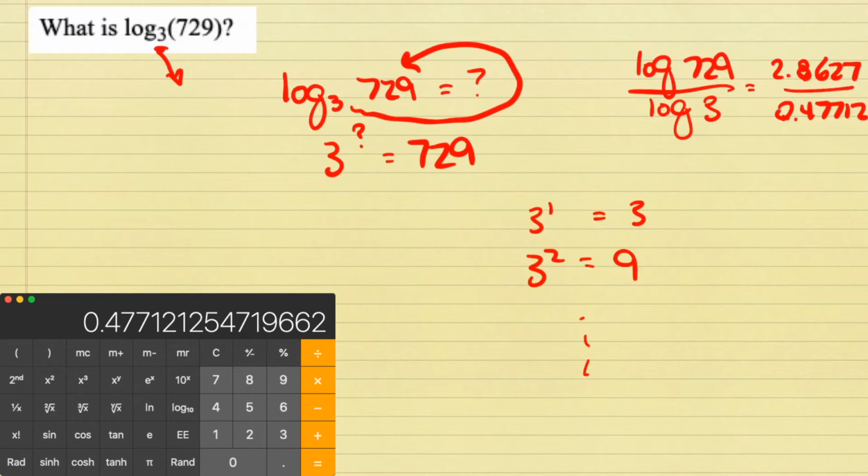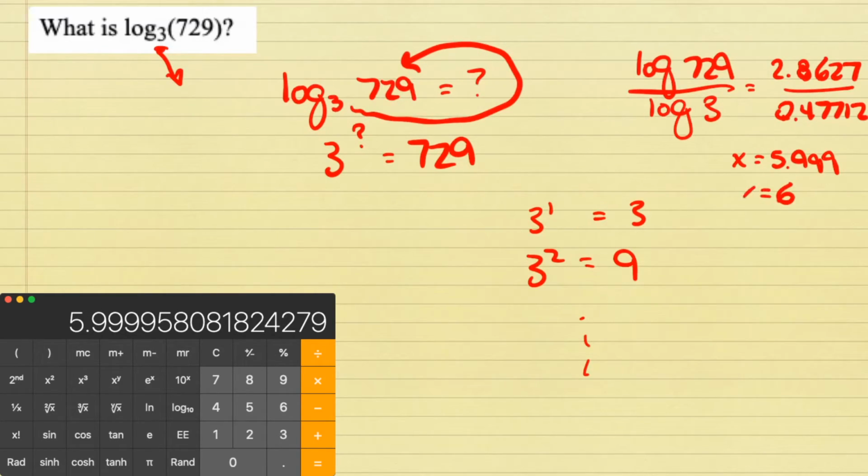Let's type that in. 2.8627 divide by 0.47712. And I'm getting, wow, okay, it's telling me on my screen that I'm getting 5.999999. So basically I'm assuming it's probably a 6. So let's go to that.